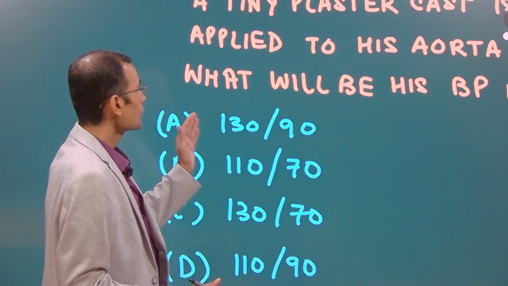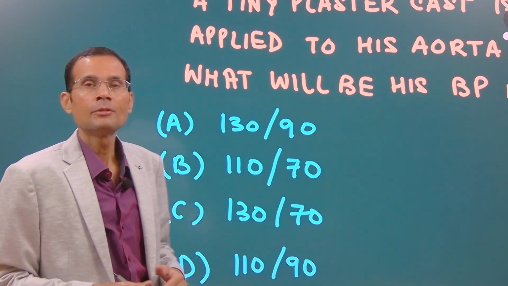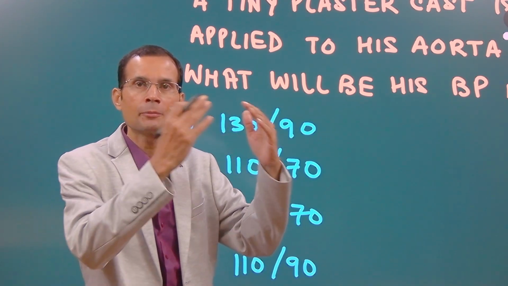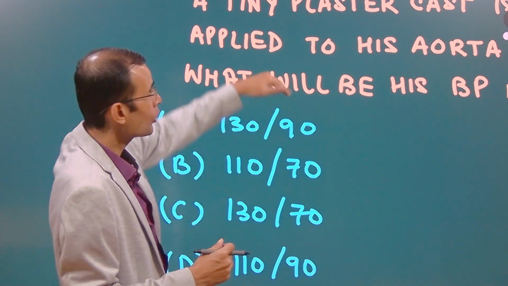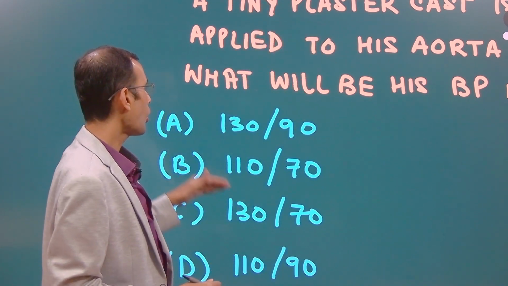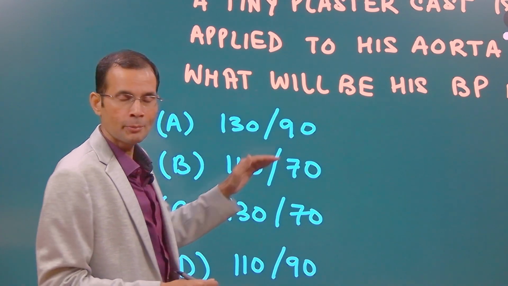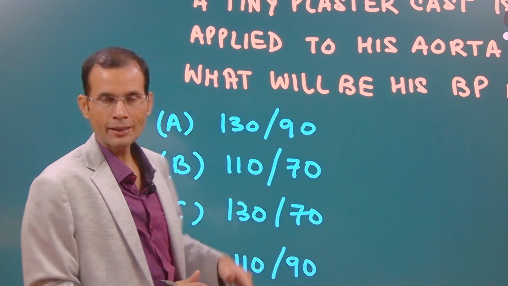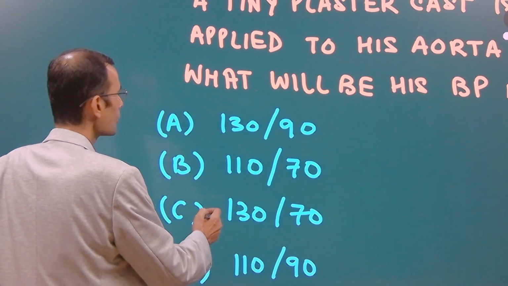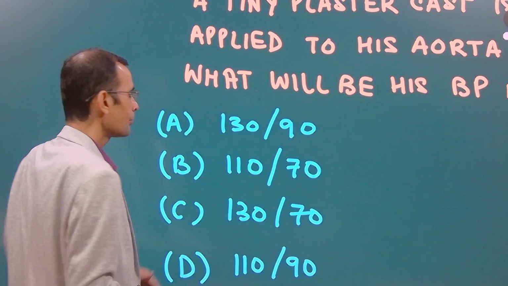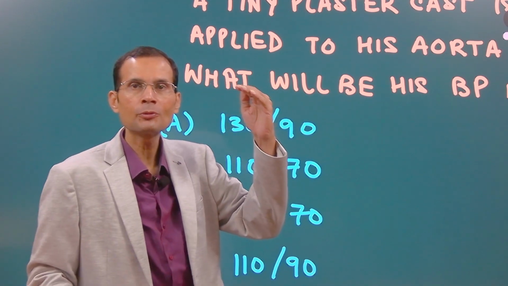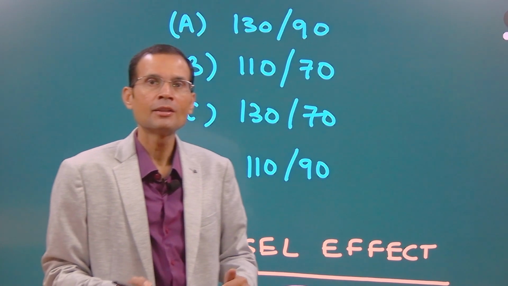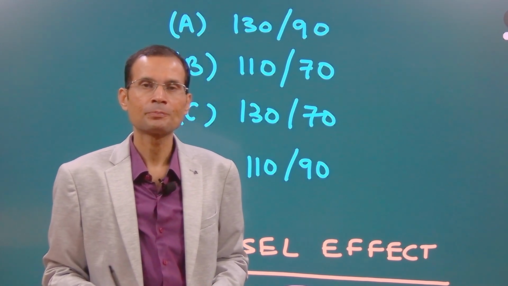The options are 130 by 90, which suggests that both systolic and diastolic pressures will rise beyond their baseline levels, or 110 by 70, meaning both pressures will fall after the application of that tiny plaster cast, or 130 by 70, meaning systolic will increase but diastolic will decrease, or 110 by 90, meaning systolic will decrease but diastolic will increase.